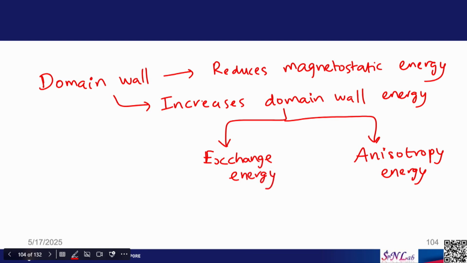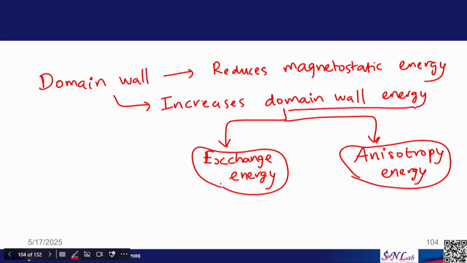So, when you form a domain wall, there is an energy associated with the formation of the domain wall. There is an increase in the energy of the system. So, the more domain walls, the more energy. As you add more and more domain walls, the system's energy also increases. This domain wall energy comes from two factors, one is exchange energy, another is anisotropy energy.